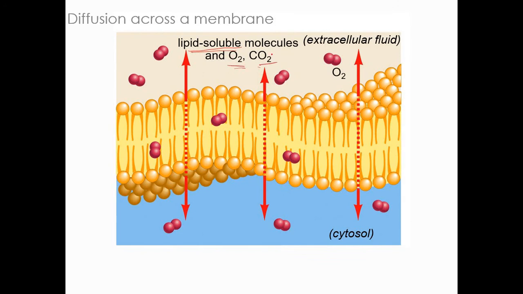So, because they are nonpolar, then they can just pass through this membrane because this part here is nonpolar, remember? So, these lipid-soluble molecules and O2 and CO2 could pass through using diffusion. Okay, they do not need energy because they are readily compatible with the lipid bilayer.